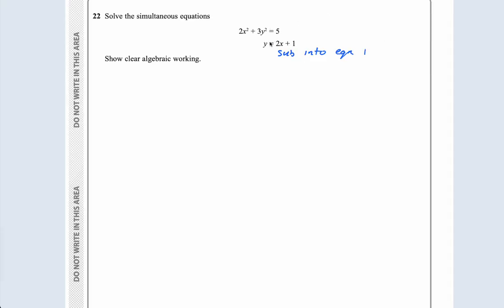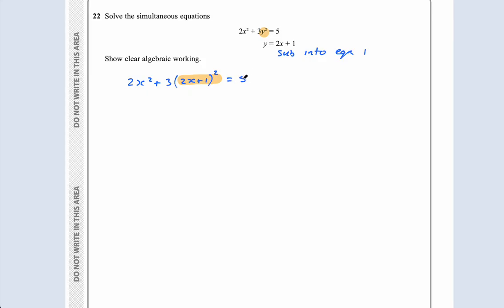Okay, so instead of y, I'm going to put 2x plus 1. So 2x squared plus 3 times, instead of y, I'm putting 2x plus 1 squared. This, guys, is y squared, because this is y. I have substituted it.